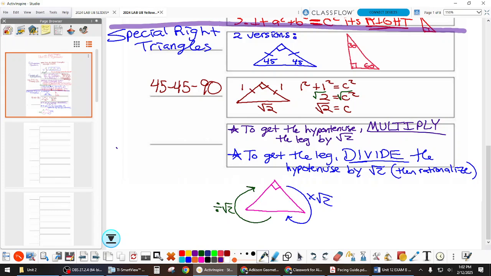So we wrote this down so that we could use it. To get the hypotenuse, multiply the leg by root 2. That would be if you're given a leg, right? To get the leg, divide the hypotenuse by root 2. That would be if you're given the hypotenuse. Okay? And we have this little map.